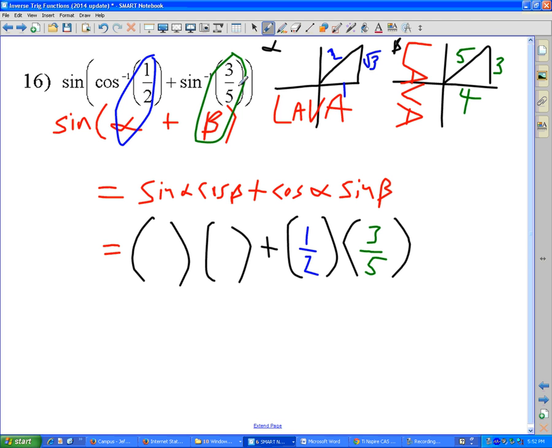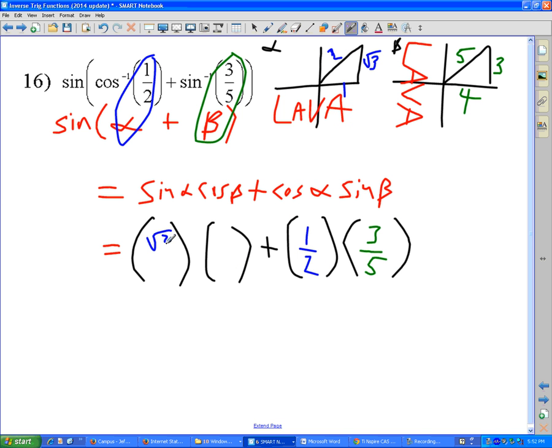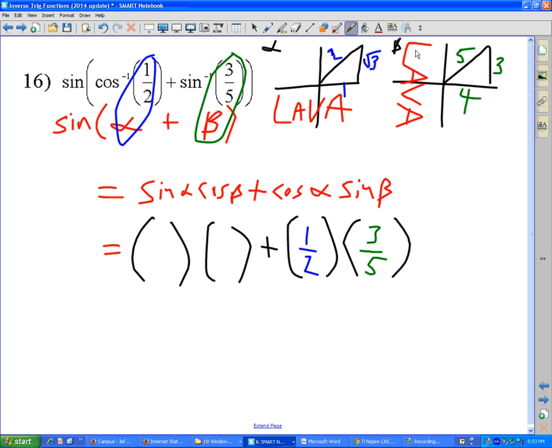But now we know what our missing ratios are. The sine of alpha, if we look up at the alpha triangle here, the opposite over the hypotenuse is root 3 over 2. And the cosine of the beta triangle, the adjacent over the hypotenuse, would be 4 over 5. Let's go ahead and plug those in.